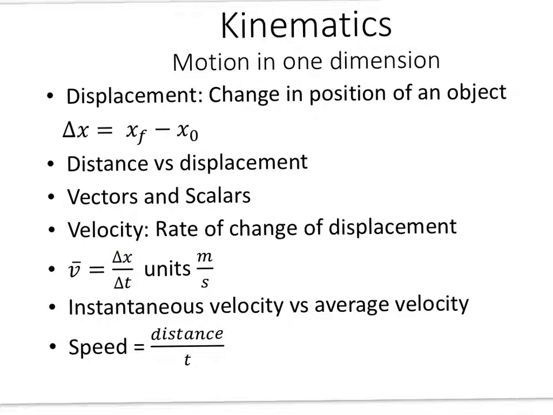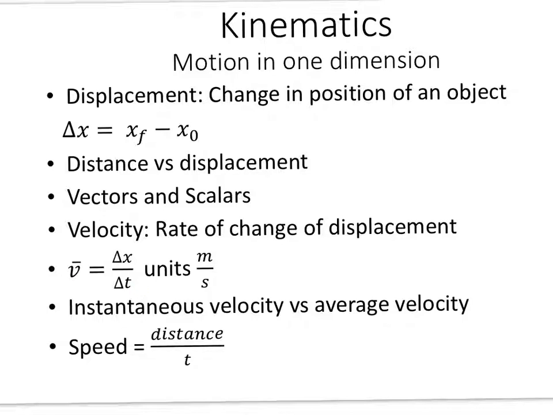Okay, now the next thing is velocity. Now, velocity is defined as the rate of change of displacement. So, anytime in physics you'll see rate, that almost always implies time. So the actual formula for computing average velocity is change in displacement over time.